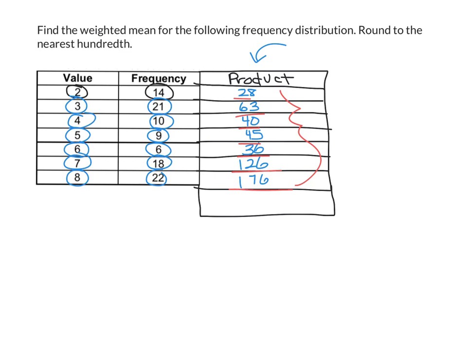So when I add all of those values together, I get 514. Next, we want to add all of the values in the frequency column together to find the total frequency. So 14 plus 21 plus 10 plus 9 plus 6 plus 18 plus 22 gives us a value of 100.